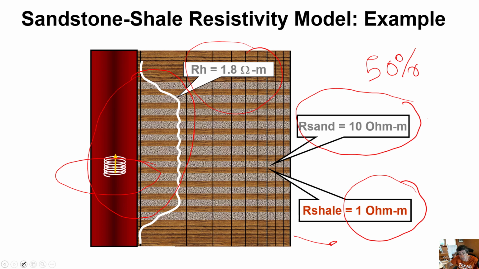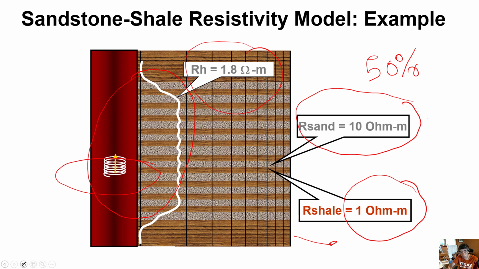Then what's going to happen is that because the resistivity is so low compared to the actual resistivity of the sandstone, you are going to erroneously conclude that the sandstone has very high water saturation, which is not the case. You see, all of these sandstones are hydrocarbon saturated, but because of the intervening electrical resistivity of the intralayers of shale, the resistivity parallel to the bedding plane has been much lower than the actual sand resistivity.